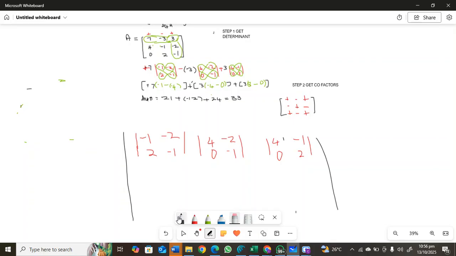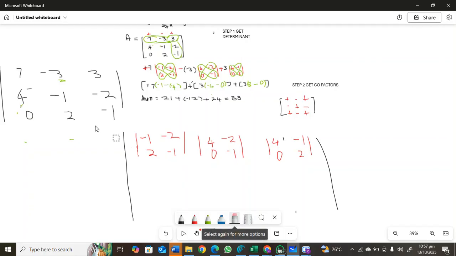So let me just redraw that matrix there. 7, -3, 3, 4, -1, -2, 0, 2, -1. So as I said, we're going through all the numbers in the matrix and getting the cofactors.